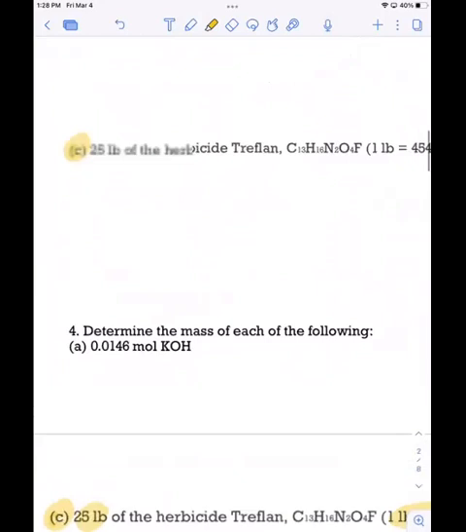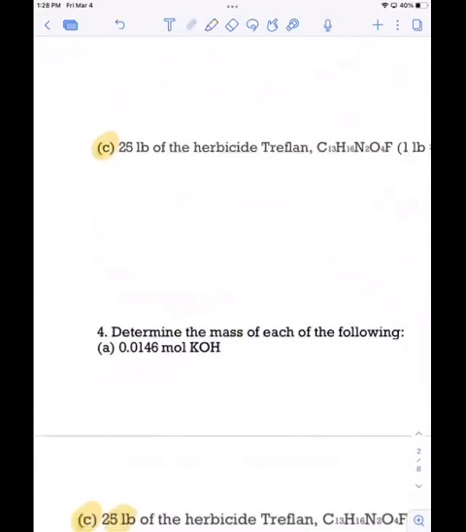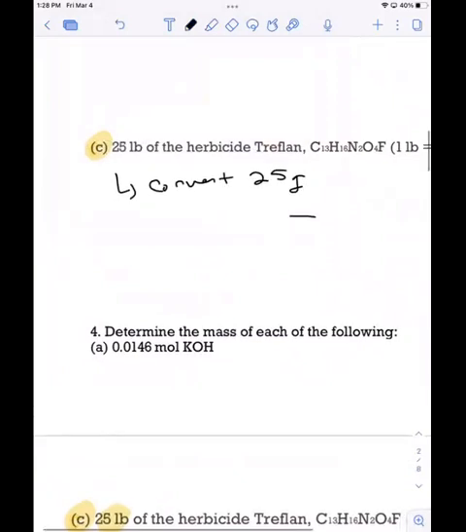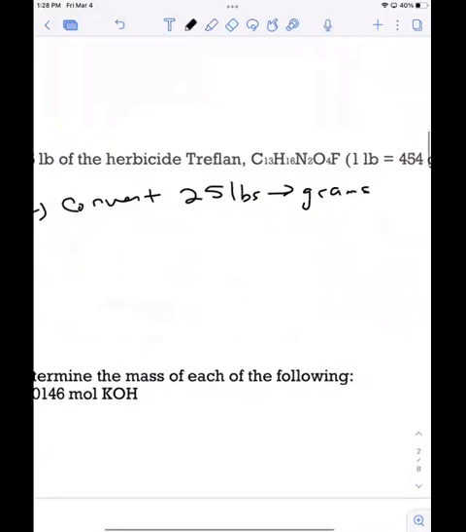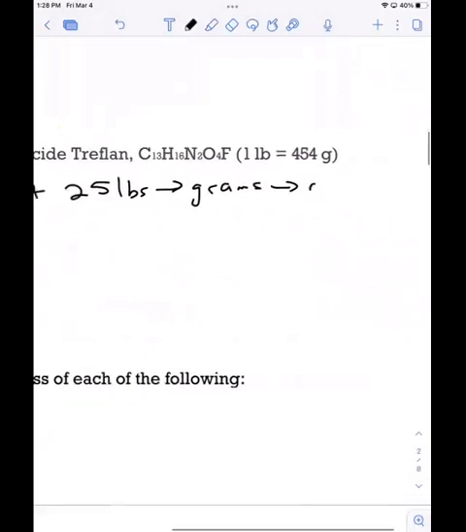So I'm going to write the description of what we're going to do here. First, we're going to convert 25 grams, I'm sorry, 25 pounds into grams, and then into moles.